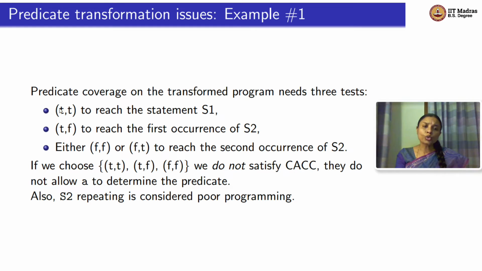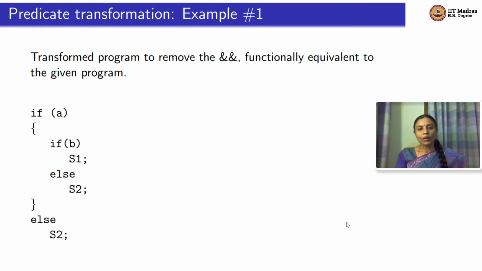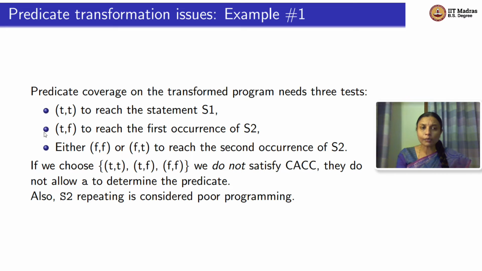Suppose I choose true, true, true, false, and false, false as my 3 test cases, then we differ from what we had for CACC, which was true, true, true, false, and false, true. Whereas predicate coverage here permits me to choose true, true, true, false, and one of false, true or false, false.